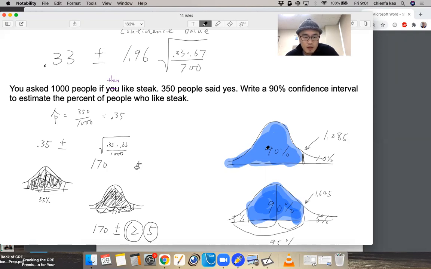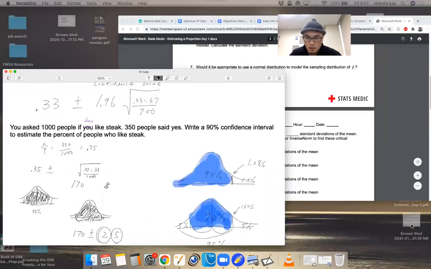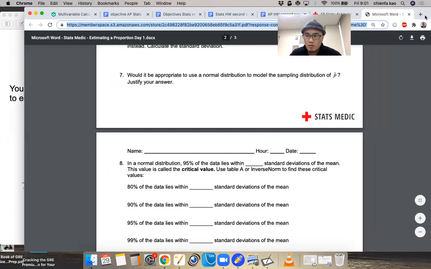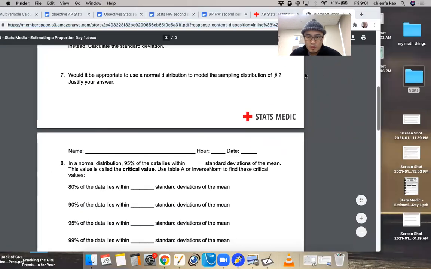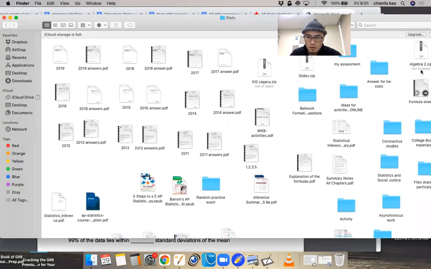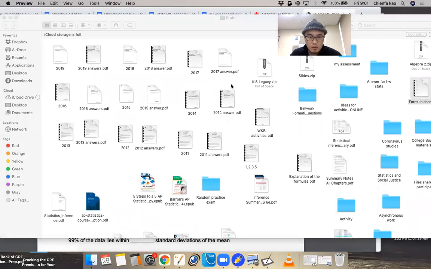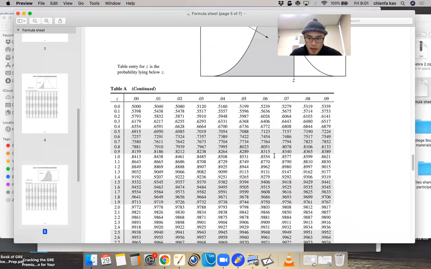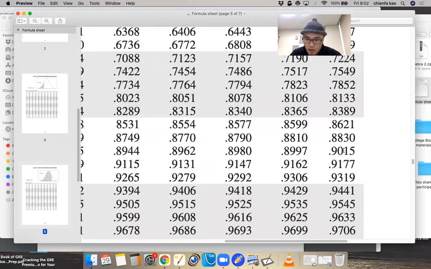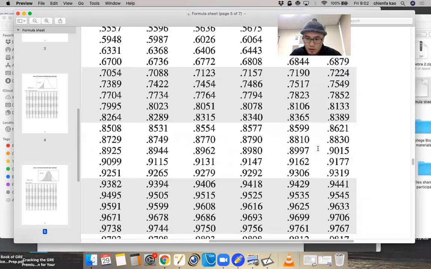So now let's take a look at this blue part. You cannot just go to, oh, we're going to include 90% of the population. As you can see, 90% of the population is right around here.